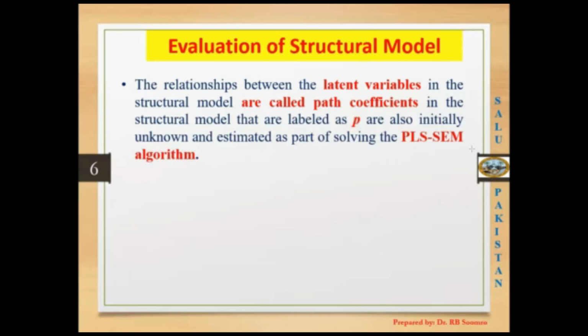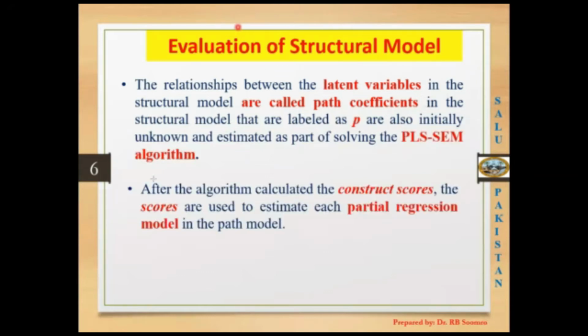Then we can measure this with the help of the PLS-SEM algorithm. After the algorithm is calculated, construct scores are provided to you, and the scores are used to estimate each partial regression model. Every regression model we can compute with the help of the construct scores.